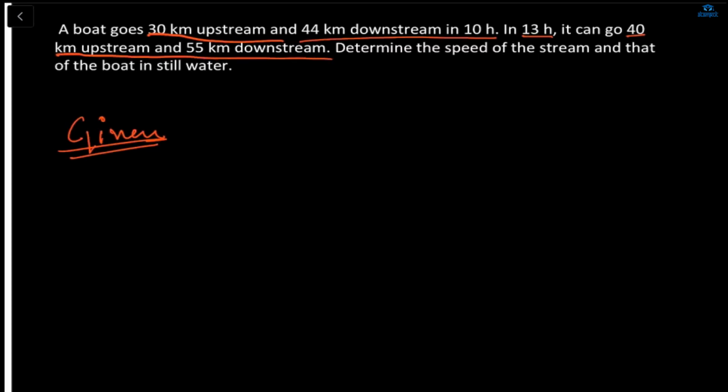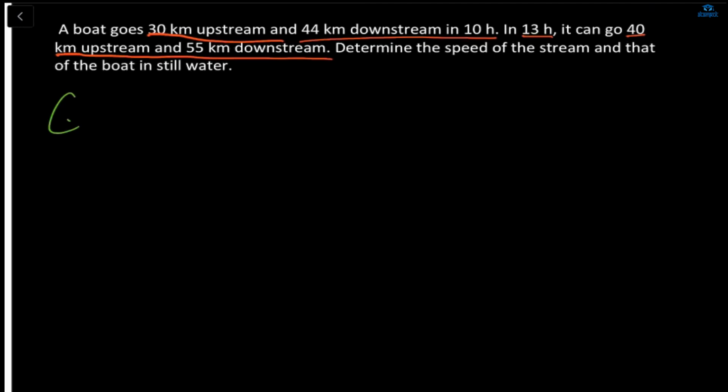Determine the speed of the stream and that of the boat in still water. Now you have to determine the speed of the stream and the speed of the boat in still water. Okay, you have to find the value of x and y. So how are you going to find out the value of x and y? If I'm removing this given here, the equation will be directed.